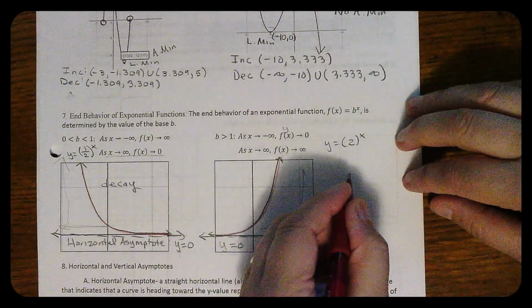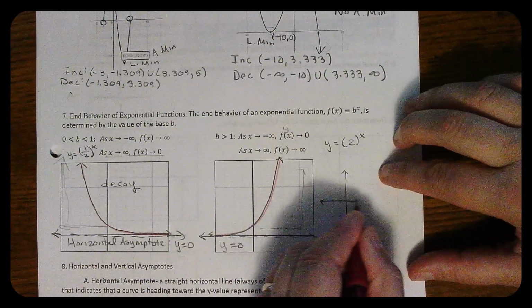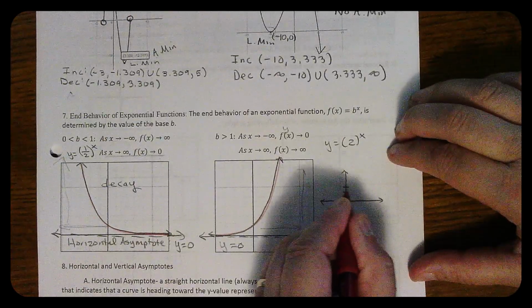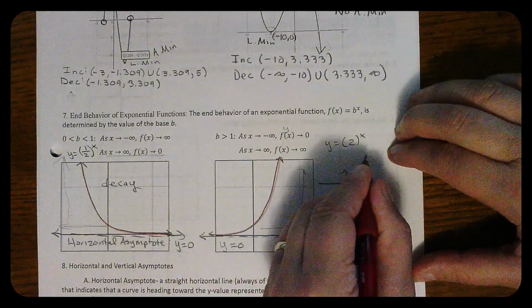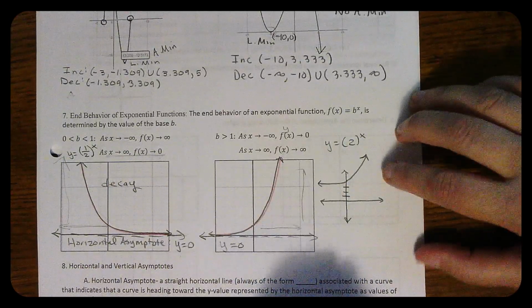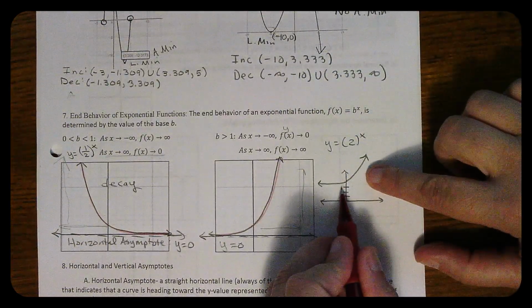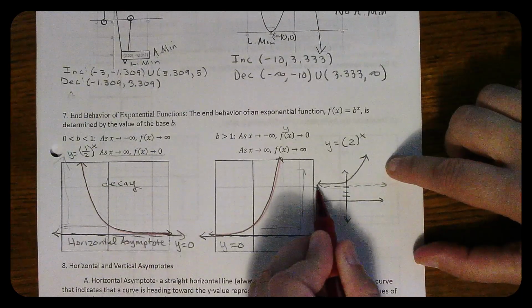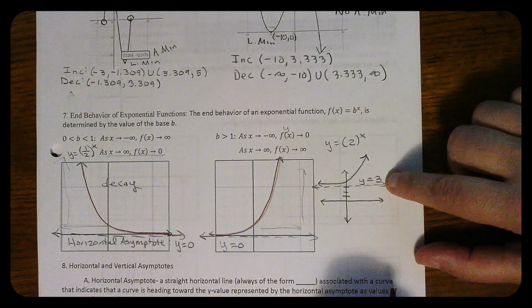So let me throw one at you. I'm going to graph a growth function, translated up, and it's going to look like this. Can you see? First of all, you have to say, that looks exponential. What I'm trying to get you to see is that there looks like there's a horizontal asymptote at y equals 3, so you have to locate that.